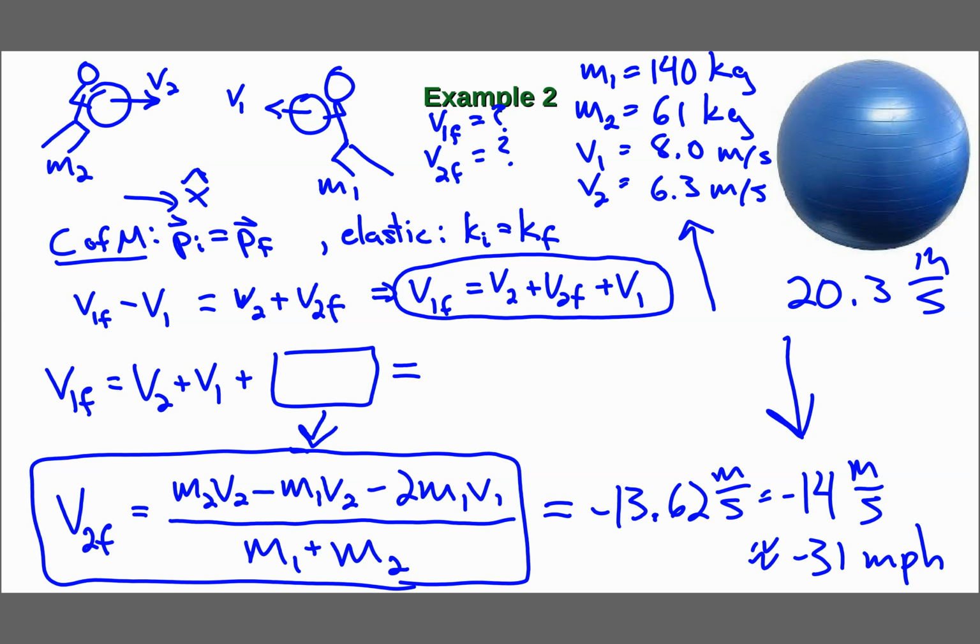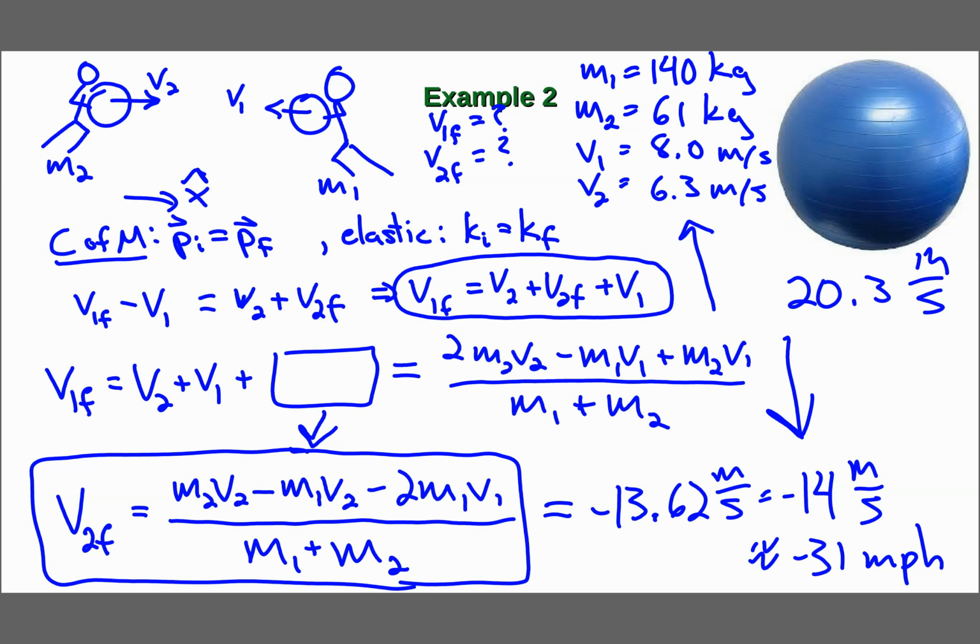And then if we simplify by making the denominator of each term the same, multiplying by 1, just like I did with the billiard ball problem, then we can simplify this to 2 m2 v2 minus m1 v1 plus m2 v1 over m1 plus m2.